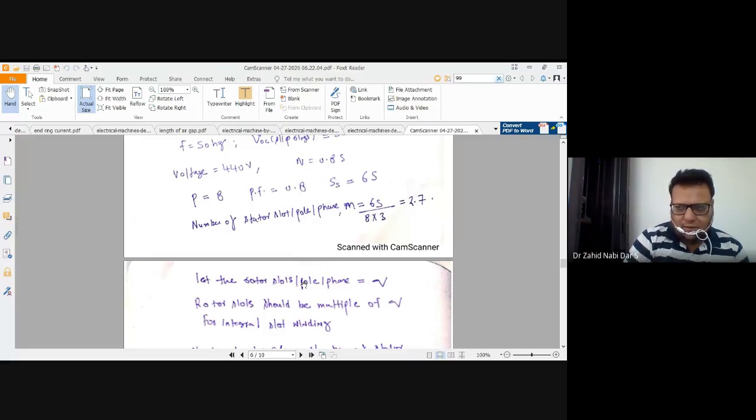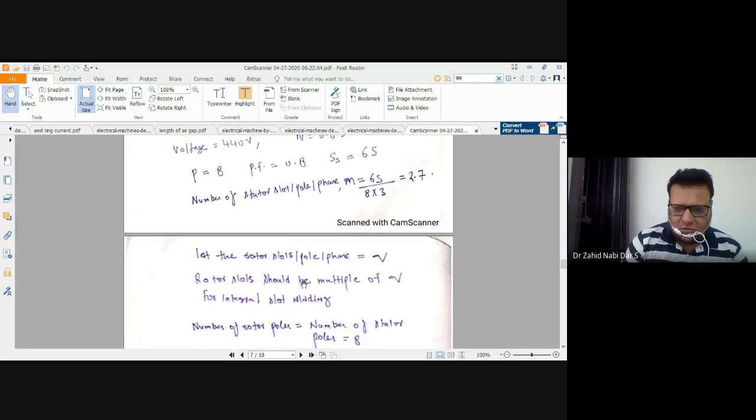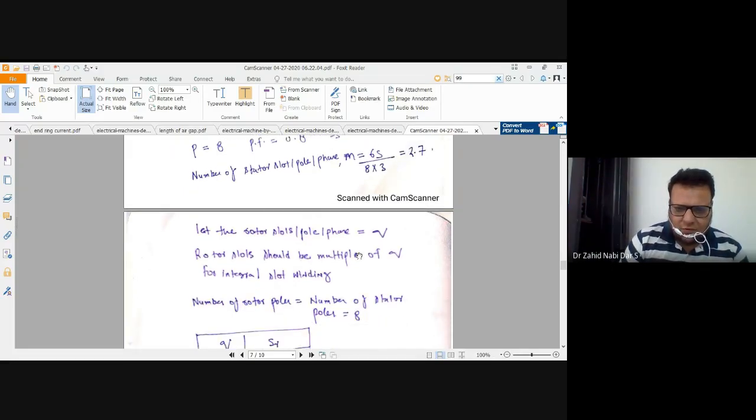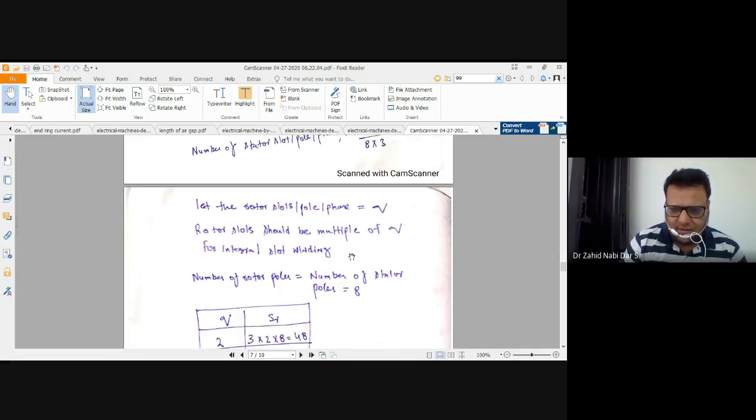We always do an integral slot winding to avoid the cogging and the crawling phenomena. Yesterday also I explained that. So we need an integral slot. The number of rotor poles is equal to the number of stator poles.